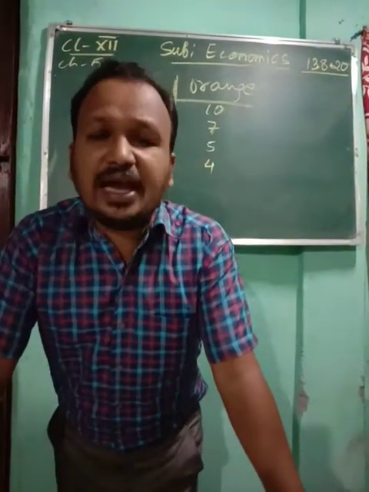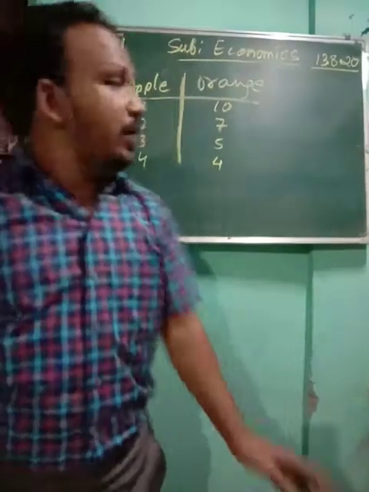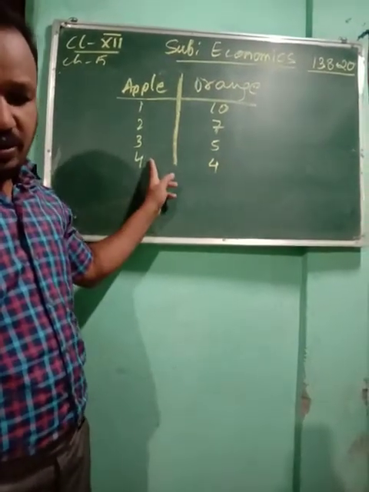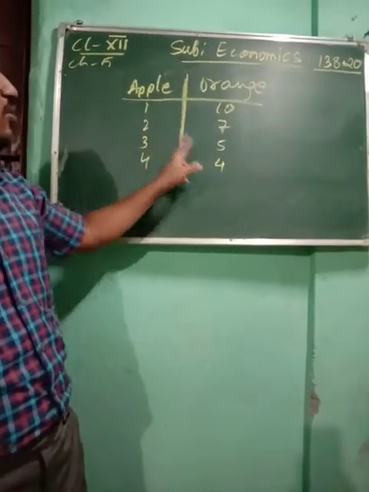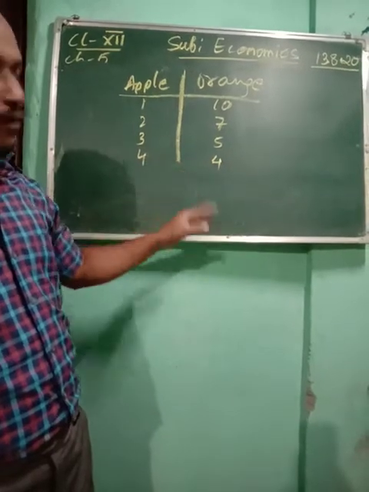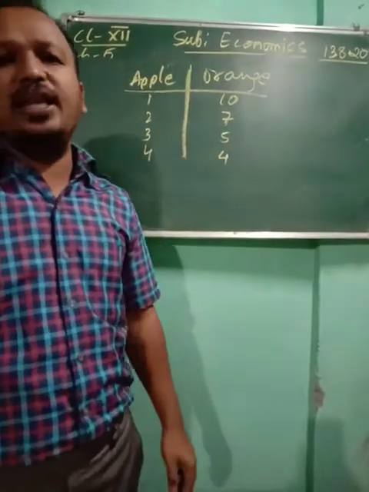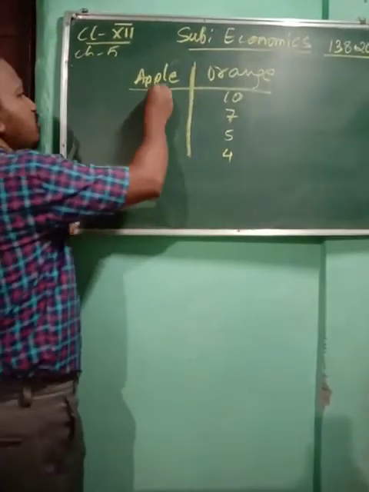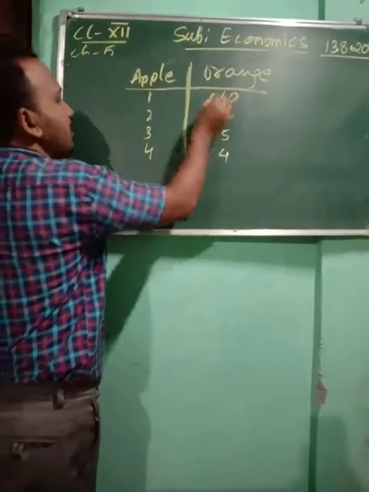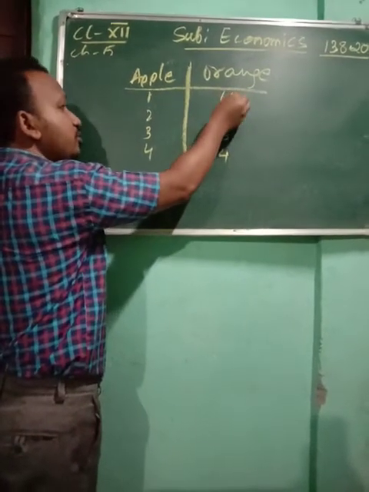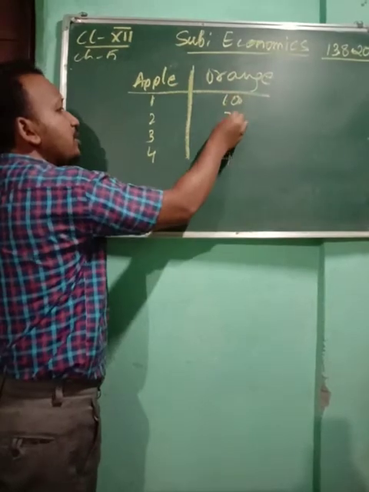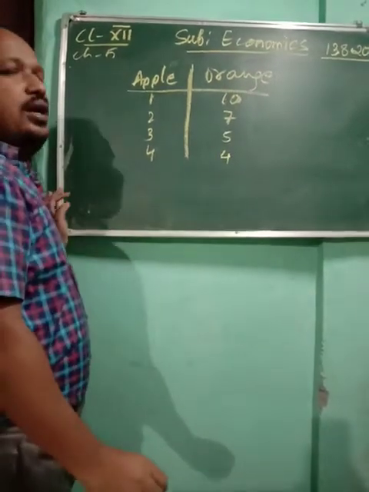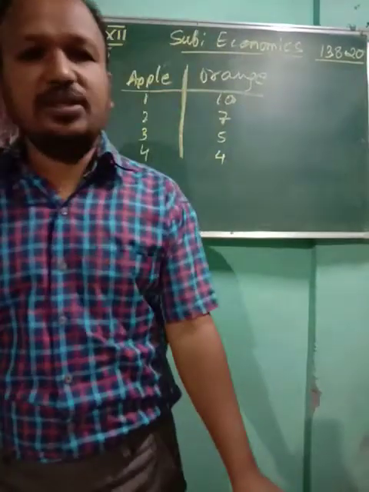It is the rate at which the consumer is willing to substitute one good for another without changing the level of satisfaction. A consumer who wants more apples has to reduce the other commodity; then only can the consumer get an equal level of satisfaction. You have to remember this definition.